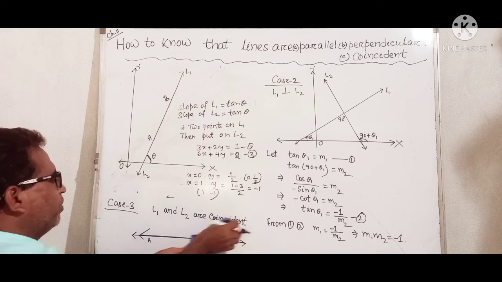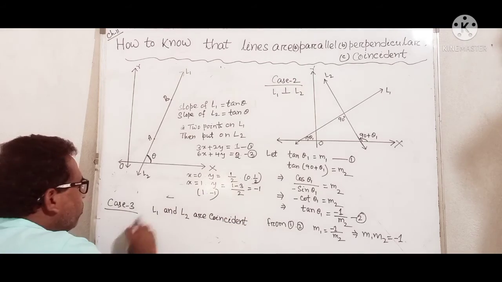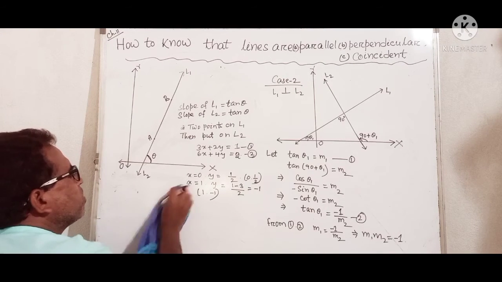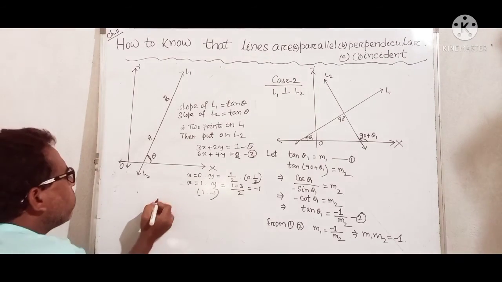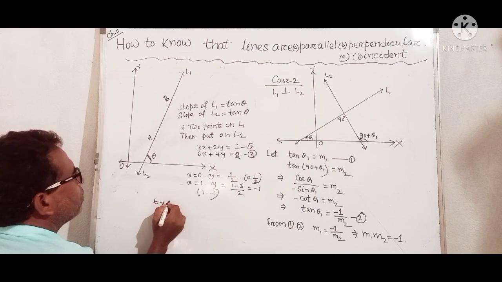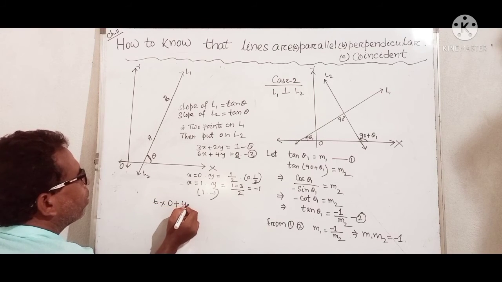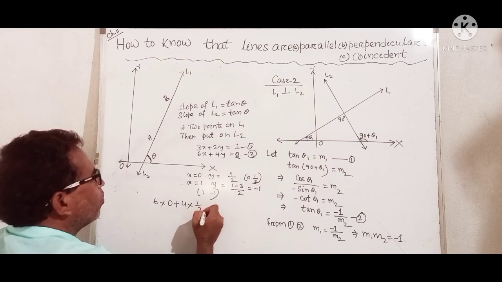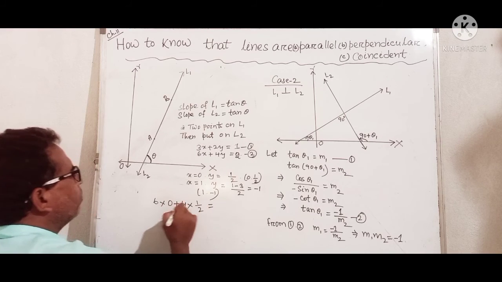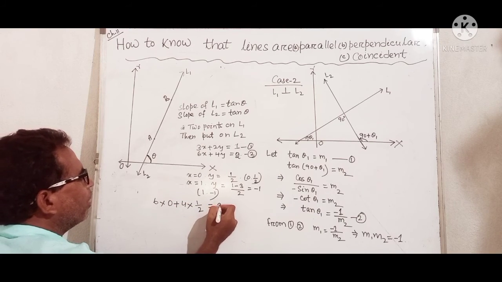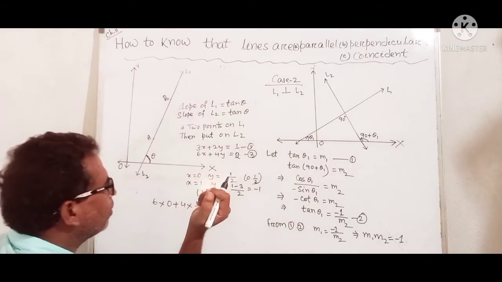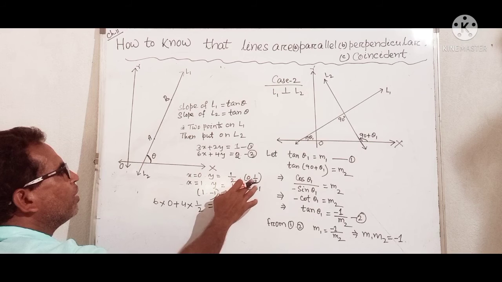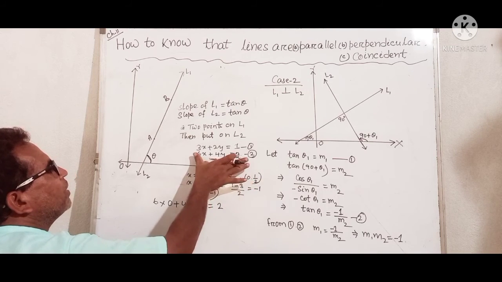We will put them now. 6 into 0 plus 4 into 0 is equal to 0, right? So the coordinates of this point satisfy equation 2.